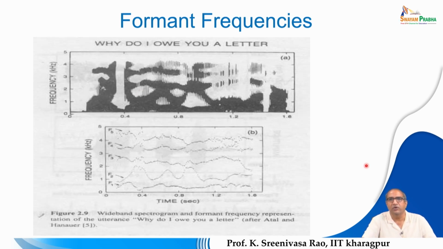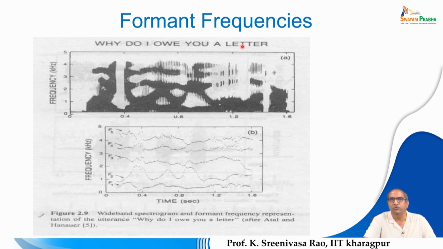This is just a continuation of the previous one. Here we have given the spectrogram at the top, and this spectrogram corresponds to the speech utterance "Why do I owe you a letter."